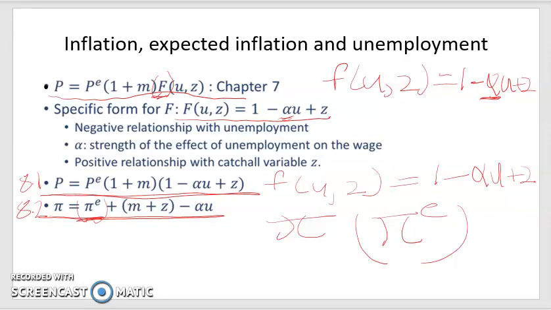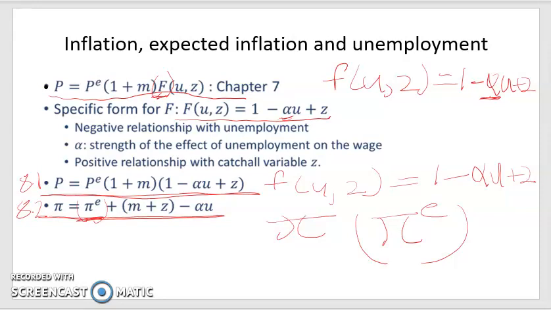This explanation also stems from the AS relation, in that given expected price level, an increase in markup and the catch-all variable Z increases the price level. So this argument can also be used to support the relationship between the expected inflation and markup and the catch-all variables.